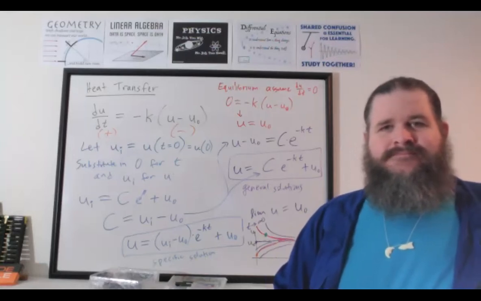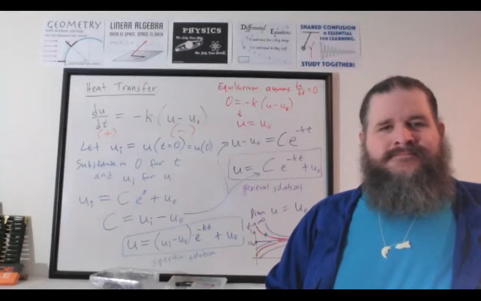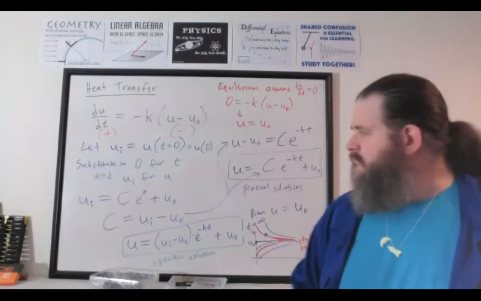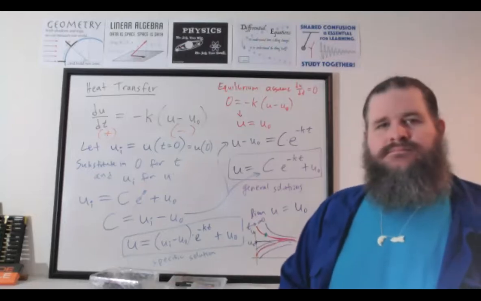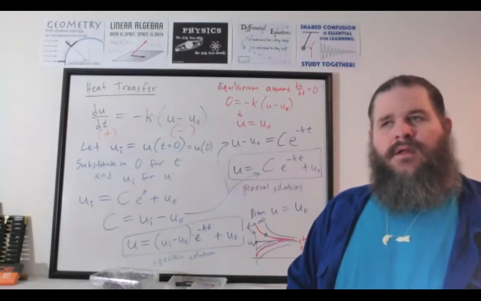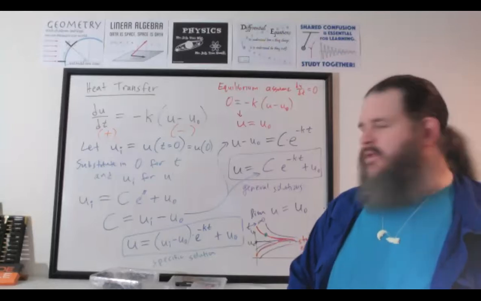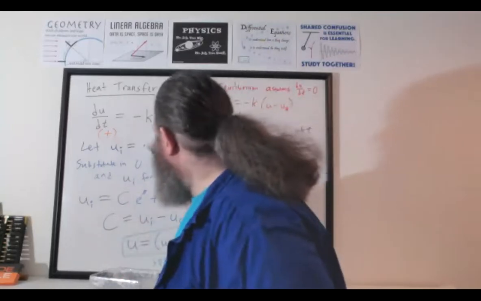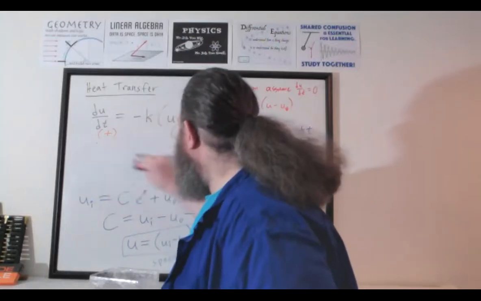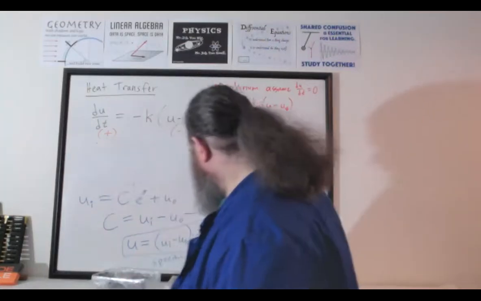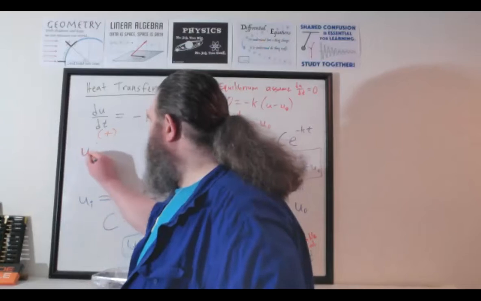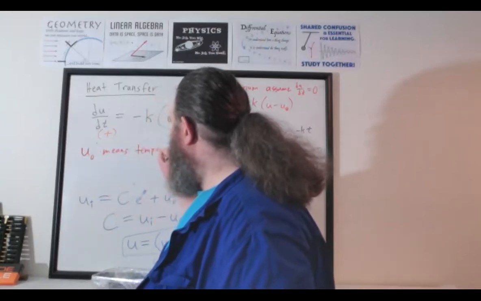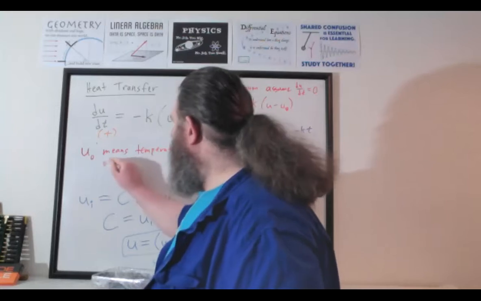Sorry, the nomenclature still is confusing to me with the sub-zero and the big zero. So u of 0 equaling 10 means that the area around the coffee would have a temperature of 10. Well, u of 0 is not 10. The 10 in this problem was u sub 0. So let me mark this just to make it more clear. In this problem, u sub 0 means the temperature of the surroundings.